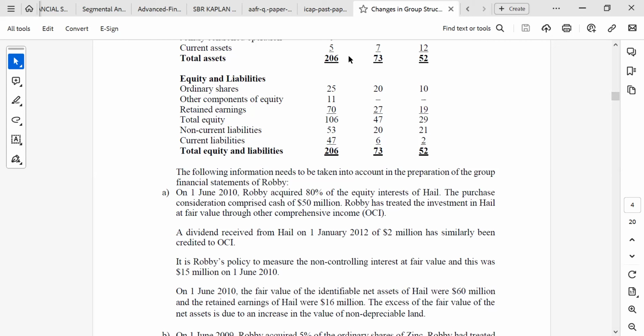A dividend received from Hale on 1st January 2012 of $2 million has similarly been credited to OCI. It is Ruby's policy to measure non-controlling interest at fair value, and this was $15 million on 1st June 2010.